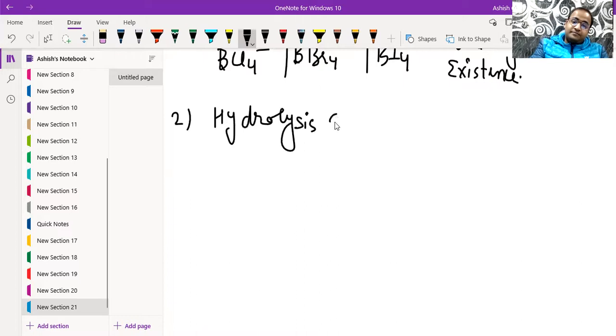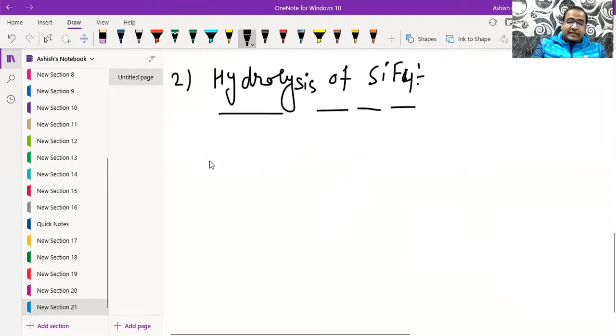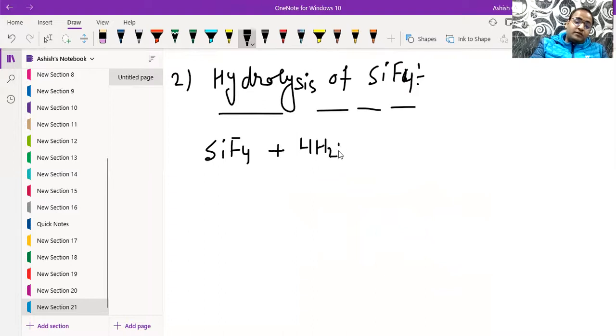hydrolysis of SiF4. Again, it is the case of partial hydrolysis. Listen carefully. When SiF4 is reacted with 4 water molecules, what is the product I will get?